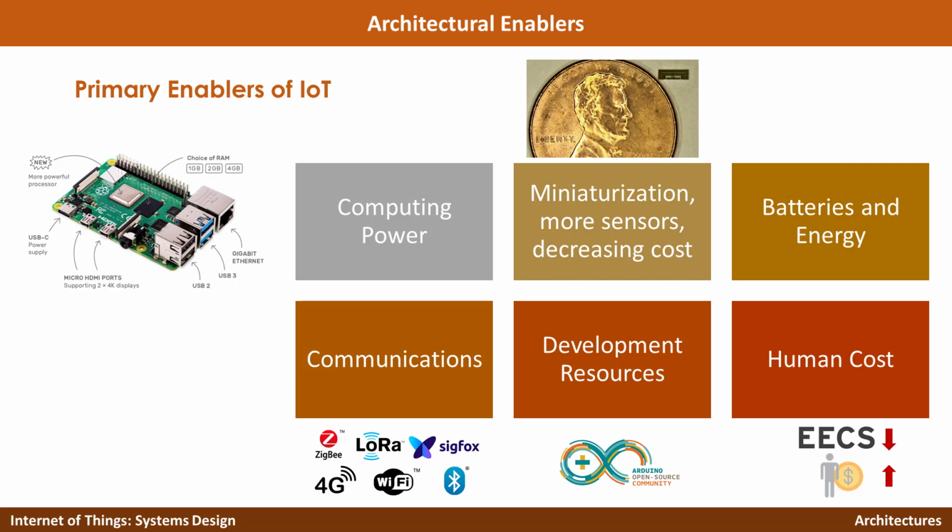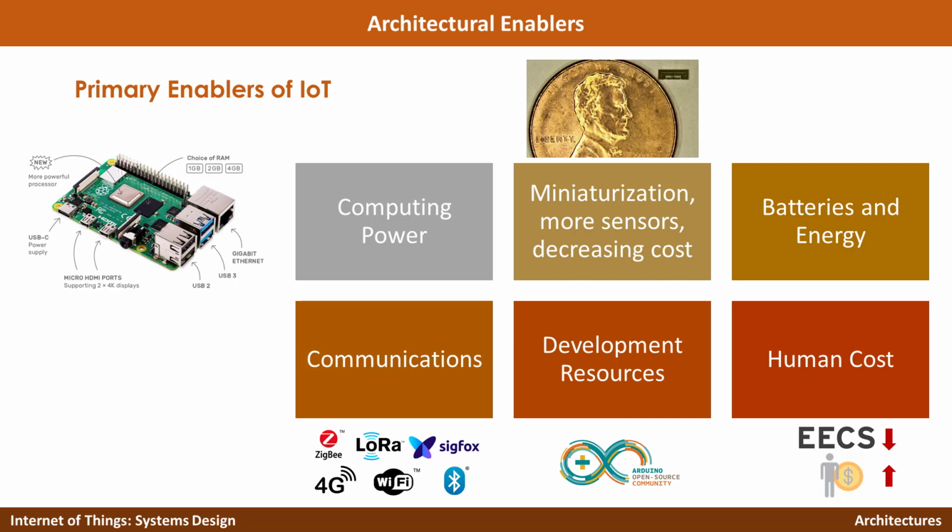And then the second one is the miniaturization, more sensors and decreasing cost. As you can see, we can pretty much replace a traditional big desktop computer with this kind of credit card sized computer. And we can see similar things happen in other microcontrollers, where they are becoming smaller and smaller. In lesson 1, we talked about a use case where they have developed very, very small sensors and microcontrollers.